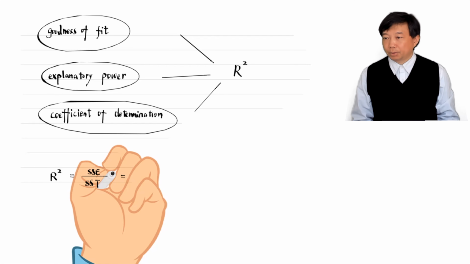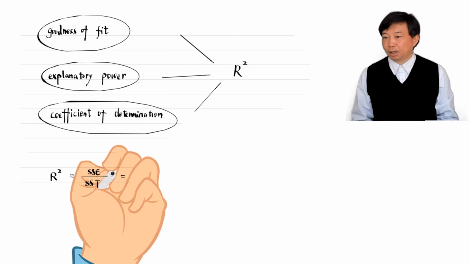R-squared equals the explained sum of squares, SSE, divided by the total sum of squares, SST. The numerator, SSE, is a measure of variation in the fit value, y hat. That is, it captures the variation due to the explanatory variables.